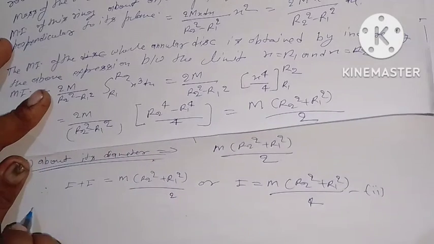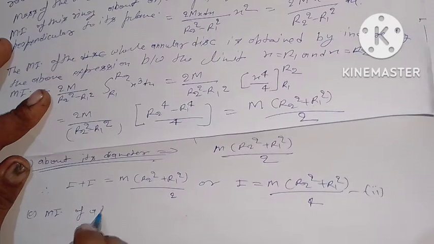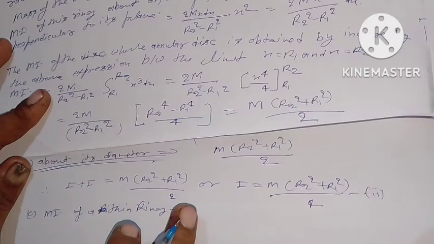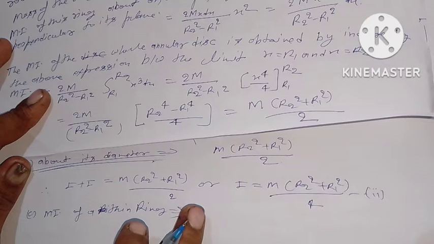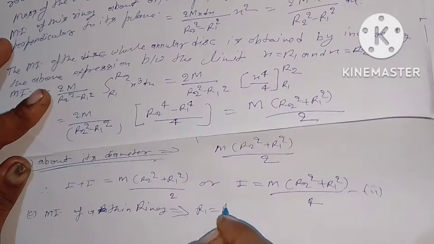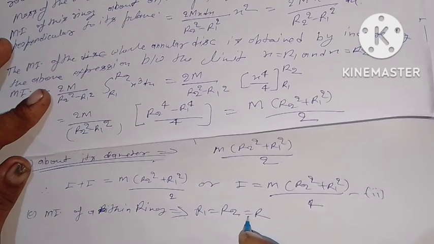And next, point C: moment of inertia of a thin ring. The moment of inertia of a thin ring made up of a thin wire, about an axis passing through its center and perpendicular to its plane, is obtained by putting R1 equal to R2 equal to R in equation number 1.